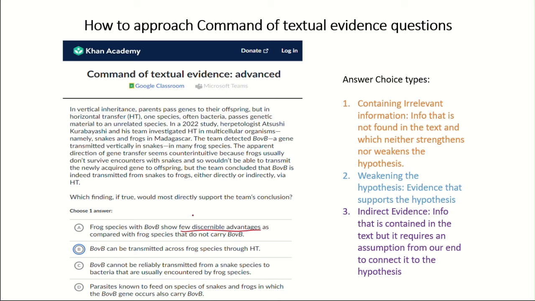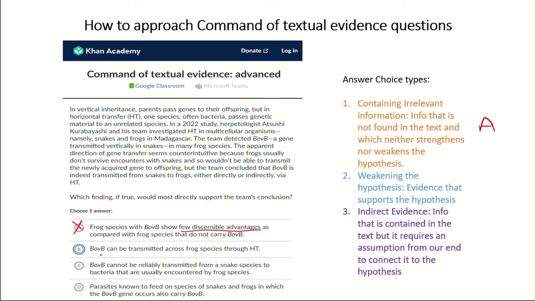And plus, there is no mention of snakes in this one either. So this one contains irrelevant information, right? It's not adding to the conclusion because we are not really concerned if this one has advantages or not. That's not what the team's conclusion is. So option A is definitely wrong. So A fits this category of wrong answer choices.